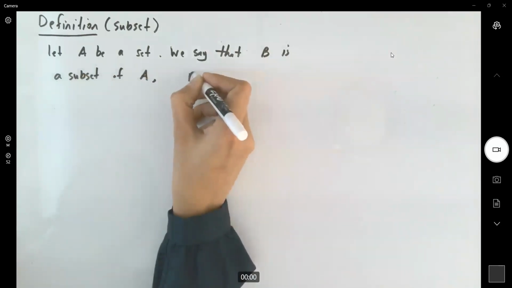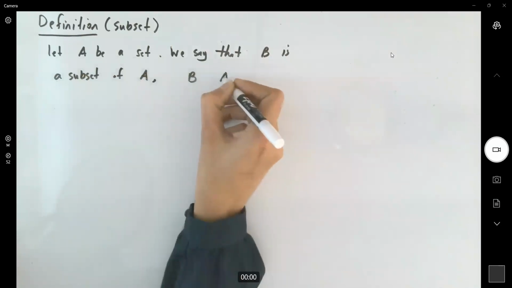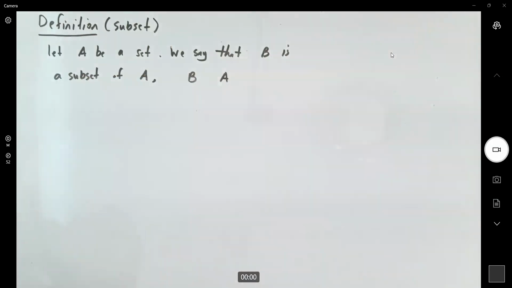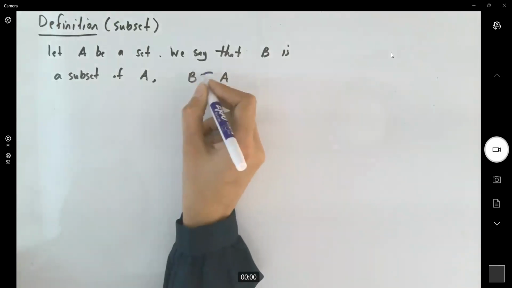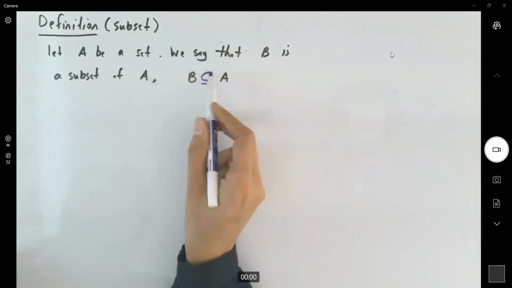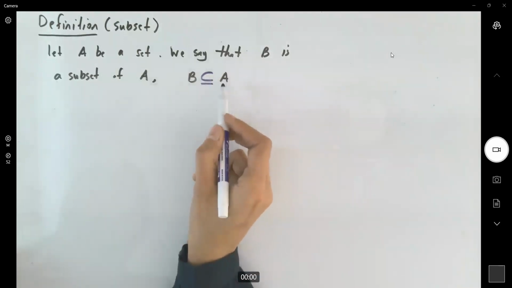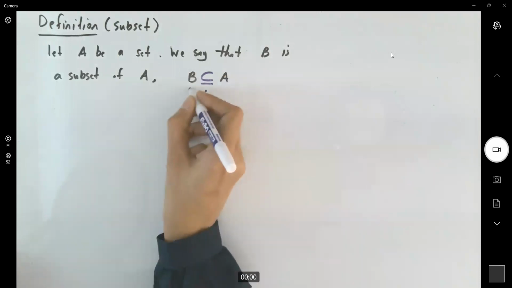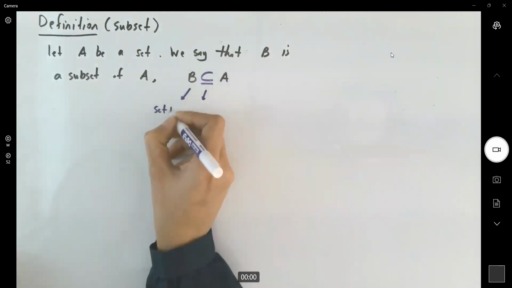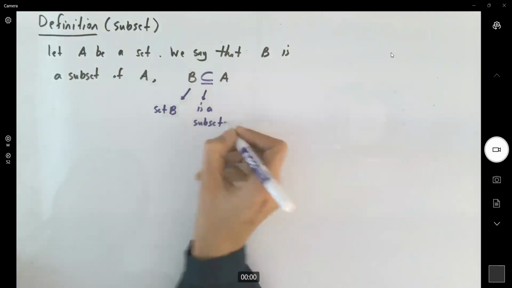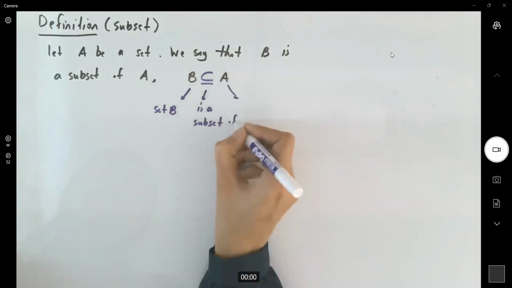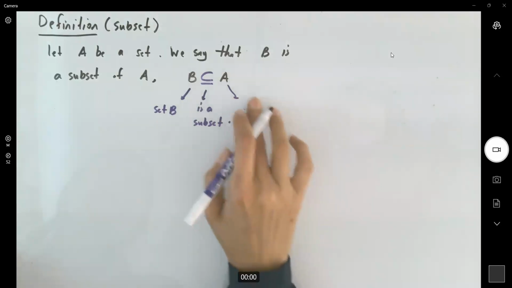We say that B is a subset of set A, and we use this symbol. B is a subset of A. Set B is a subset of set A.